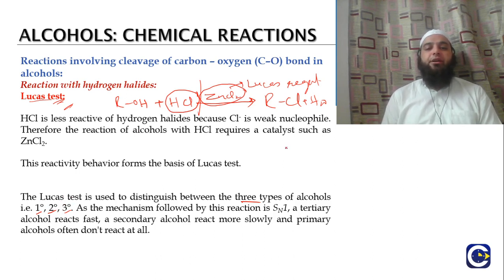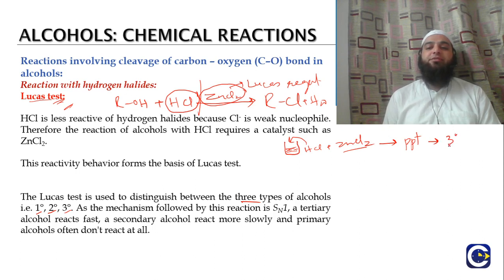So if we take an unknown alcohol in a beaker, and to this we add HCl in presence of zinc chloride as catalyst, and a white precipitate or turbidity is formed immediately in the reaction, then the alcohol present in the beaker will be a tertiary alcohol.